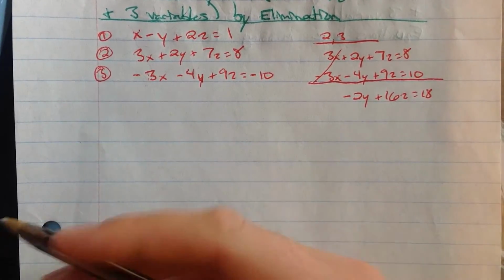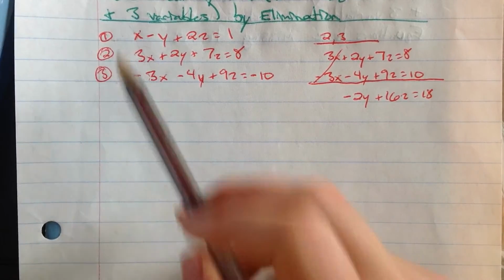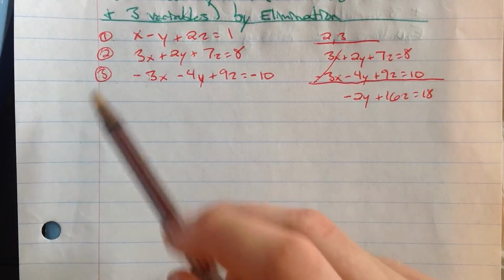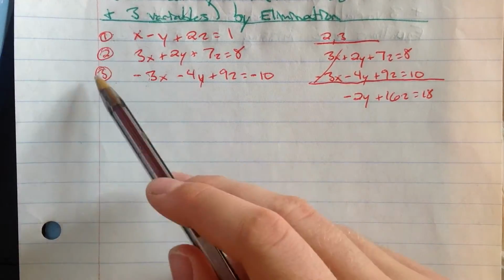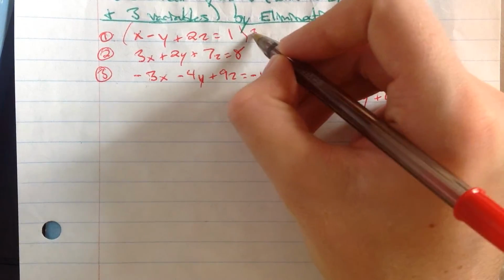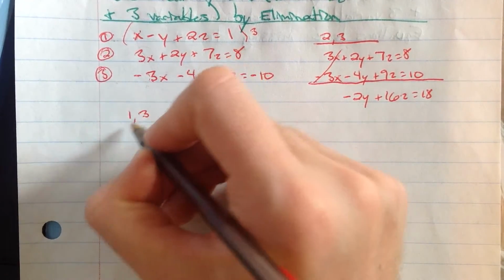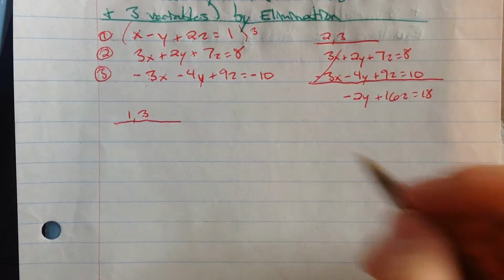Well, now I'm going to pick 2 different equations that aren't 2 and 3, but it could be 1 and 3, it could be 1 and 2, just not 2 and 3 again. So I'm going to pick 1 and 3 because if I multiply this top equation by 3, I'll have a positive 3 and a negative 3 to once again cancel. So 1 and 3 are going to be my next 2 I pick.